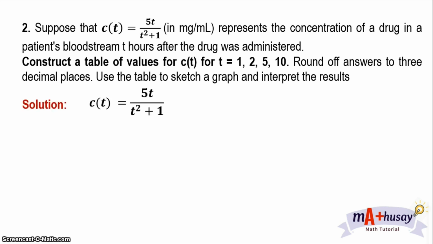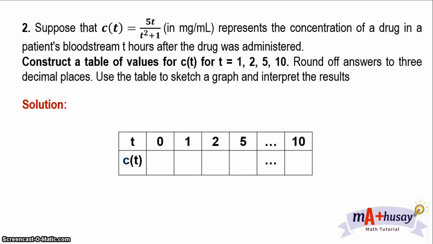Ang function na c of t equals 5t all over t squared plus 1 ay nagre-represent ng concentration of drugs in the patient's bloodstream t hours after the drug was administered, di ba? So, at the beginning, when t is equal to 0, the concentration of drug is also 0.